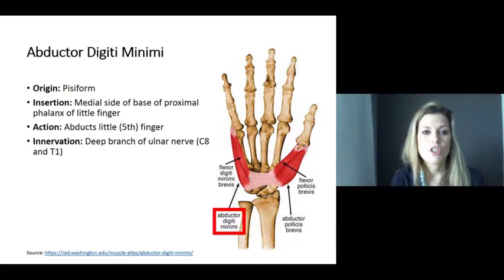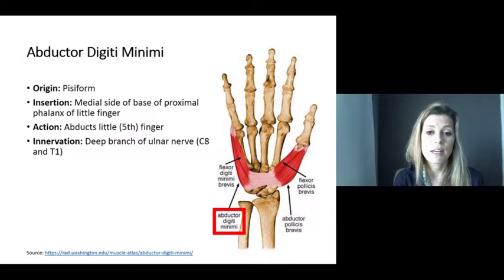The abductor digiti minimi, you can see the attachments here, and also know that it's part of that hypothenar eminence. So it is innervated by the ulnar nerve.